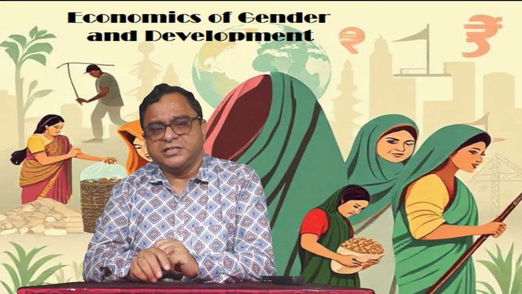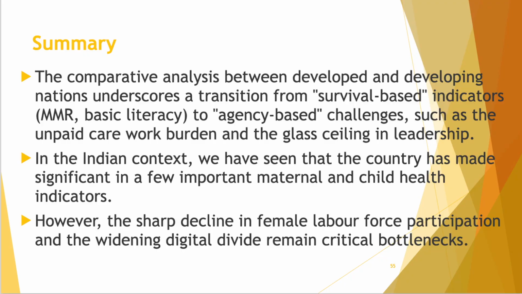The comparative analysis between developed and developing nations underscores a transition from survival-based indicators, for example MMR and basic literacy, to agency-based challenges such as the unpaid care work burden and a glass ceiling in leadership. And in the Indian context, we have seen that the country has made significant progress in a few important maternal and child health indicators.